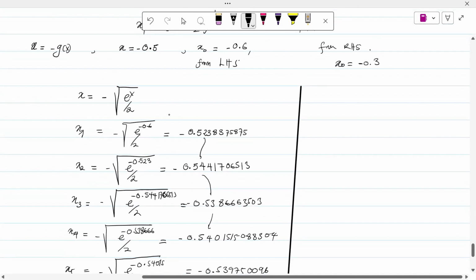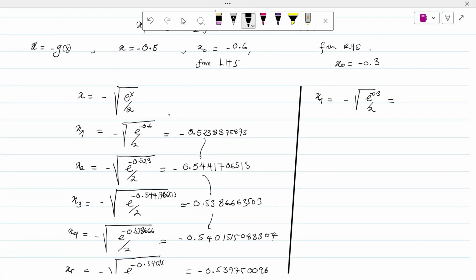So let's see. What will be our x1 if we choose negative 0.3? Negative 0.608, 0.612, 4468 or whatever.